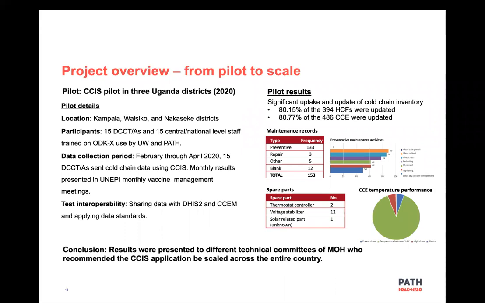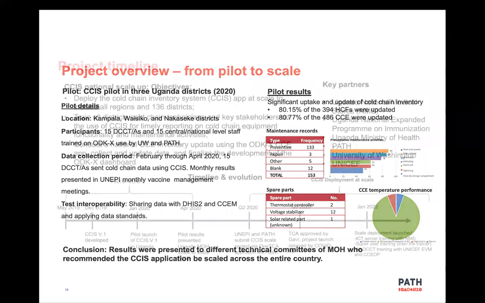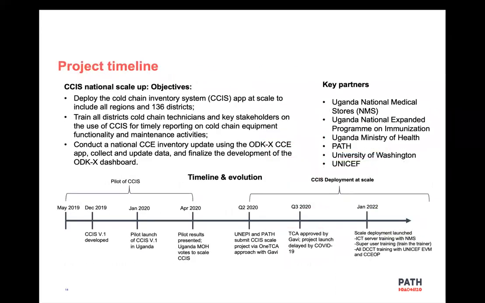So after a quick pilot, it was decided to move forward and scale this across the entire country of Uganda. Unfortunately, a pandemic happened right there in the middle, so we had a little bit of a 2-year break.